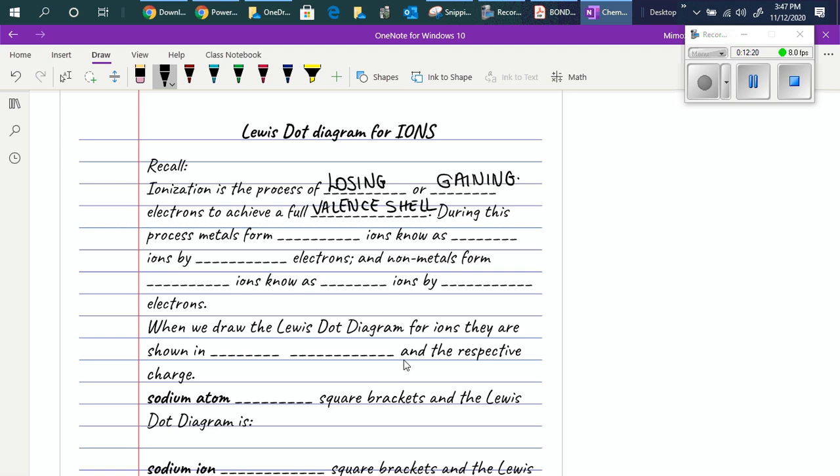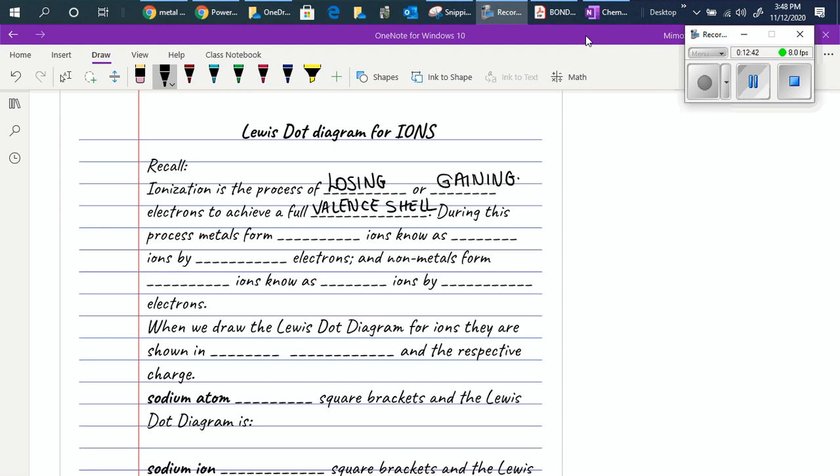And during the formation of an ionic compound, they are attracted together, since they are two entities with opposite charges.